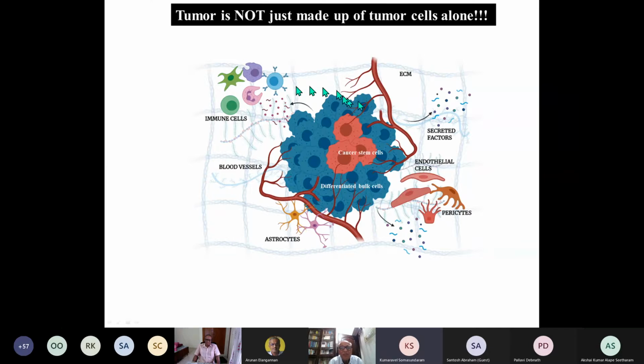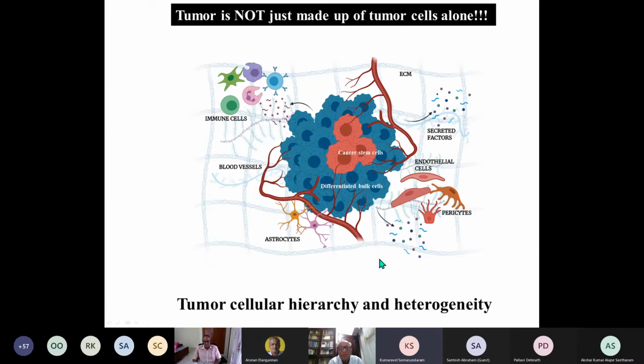So there are many types of cells in the tumor. The tumor growth is ultimately controlled by the interaction between all the types of cells present in the tumor. So anything you develop targeting only the tumor cells, that's the reason why it doesn't seem to work in the actual clinical trials.